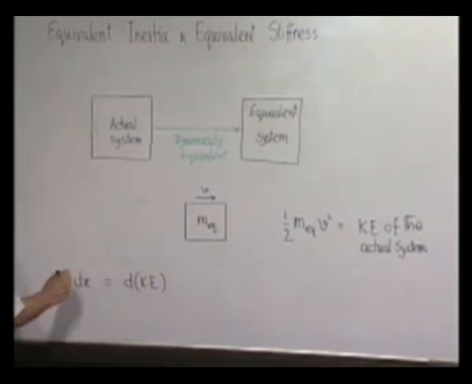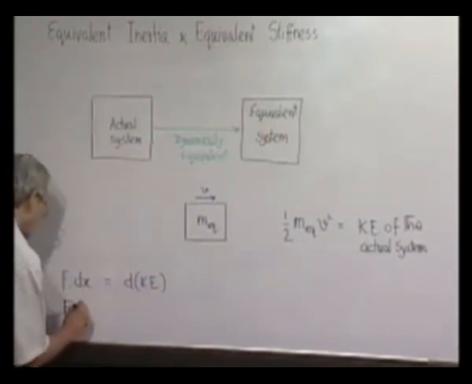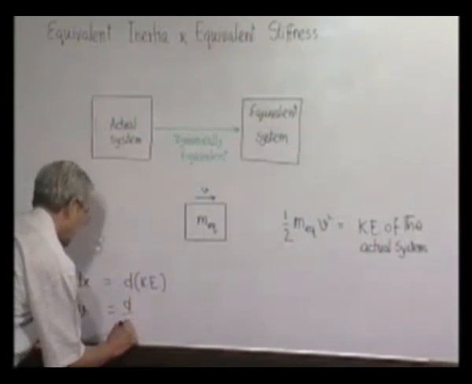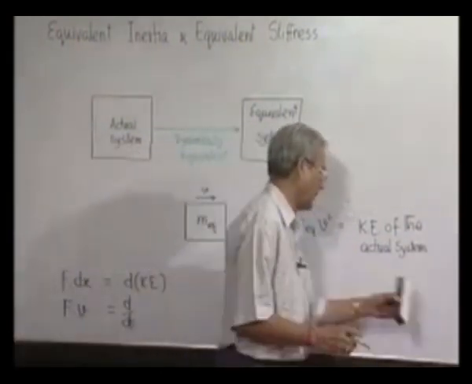So, if we divide this by dt, then we get F into V will be equal to d/dt of kinetic energy.